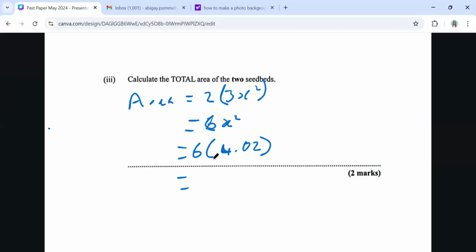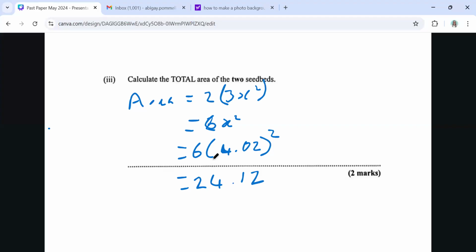So we're going to go back into our calculator, times that, and we get about 24.12. Oh, hold on, I forgot to square.